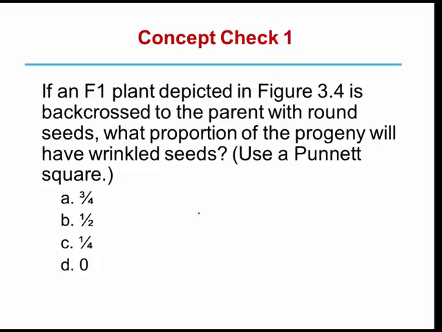Alright, so the cross in 3.4: we go back to figure 3.4 and we look at the cross. We start with the parent generation of homozygous round, they tell us it's homozygous, times homozygous wrinkled.